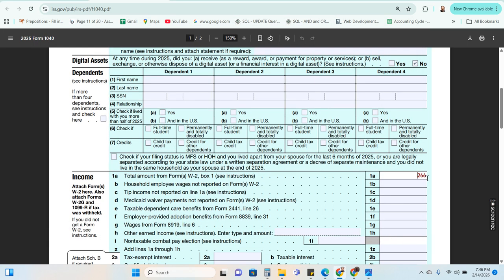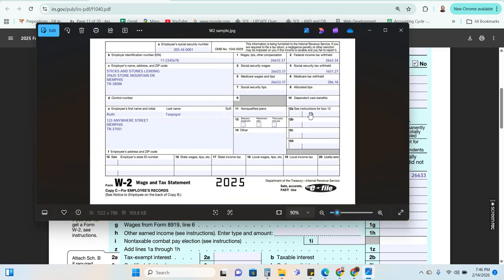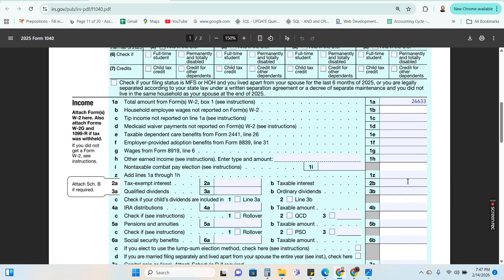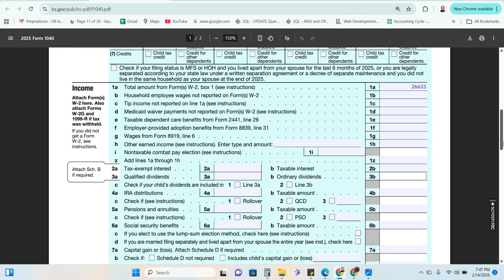We don't consider the 0.37. If it is 0.56 or something, we will round it up, understand? So we are going to round this figure to 26633.